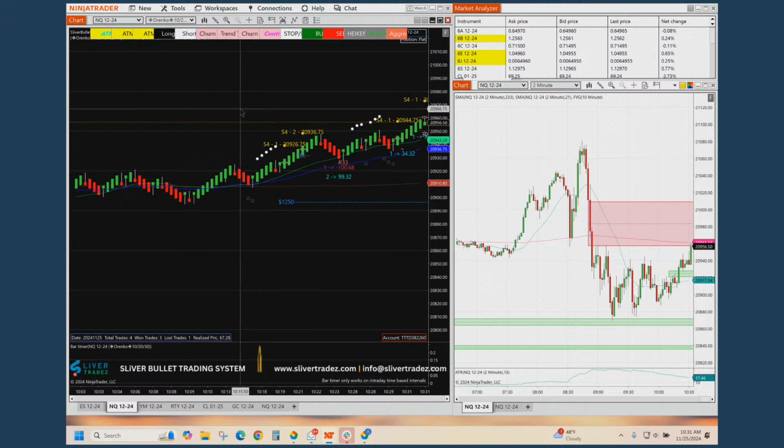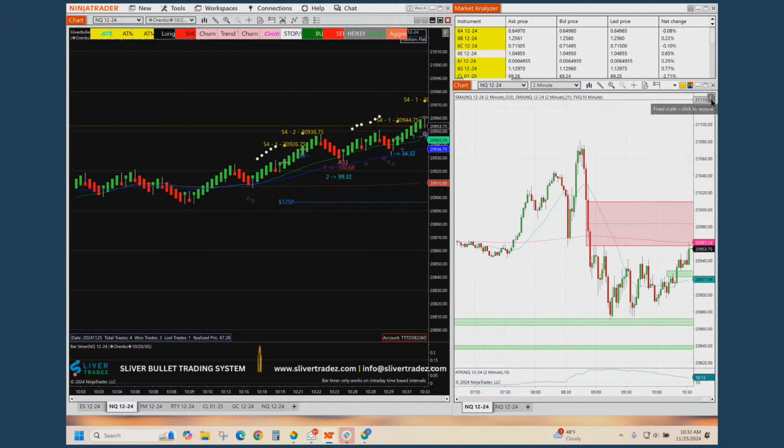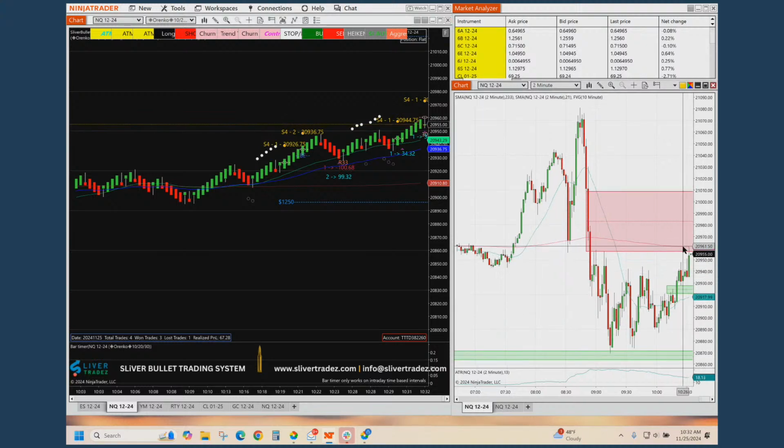I'll keep that on because it's pushing into resistance. And also there was the 233 SMA here, right at the 233 SMA the market reacted. See here, it reacted by 5 points.